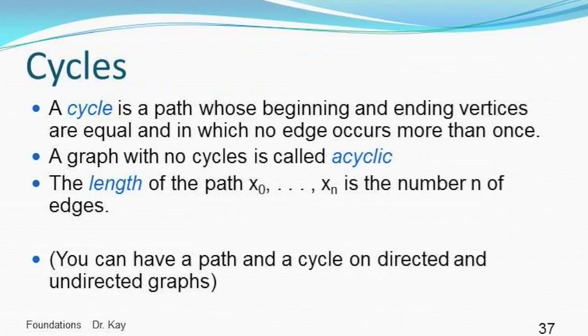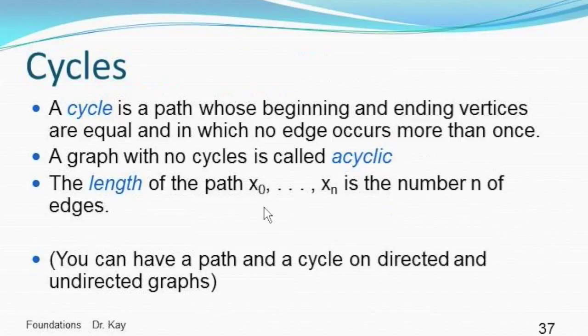So a cycle is just a special kind of path where the beginning and ending vertices are the same, and in which no edge occurs more than once. So if you have a graph that doesn't have any cycles, we call it acyclic. And if you have a path that has n edges, of course that path is going to have n plus 1 vertices, right?